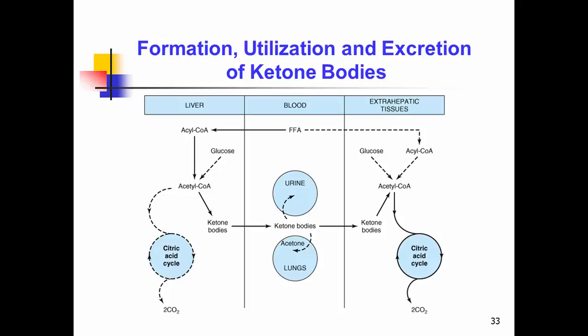Acetone is just excreted, and the other 2 forms of ketone bodies can be utilized in the other tissues. So in the peripheral tissues, the ketone bodies are broken down again to acetyl-CoA. This is just a simplified process. So again, to acetyl-CoA, and then enter the TCA cycle for oxidation and ATP production.